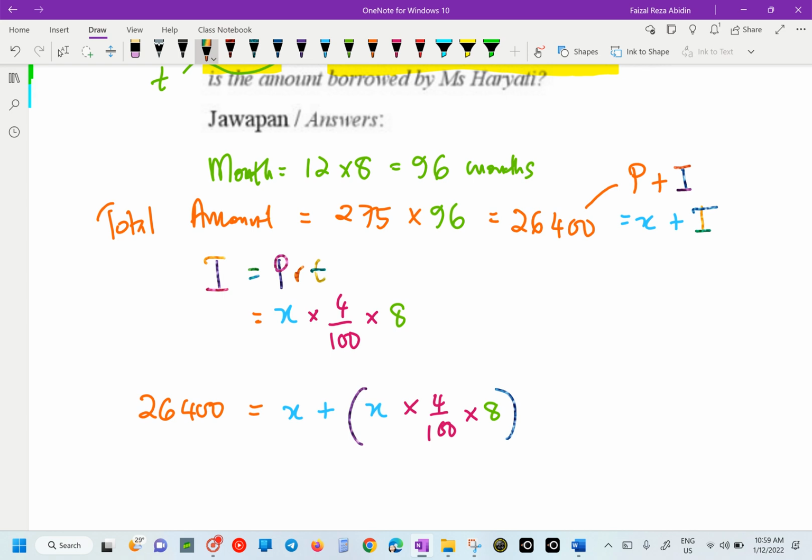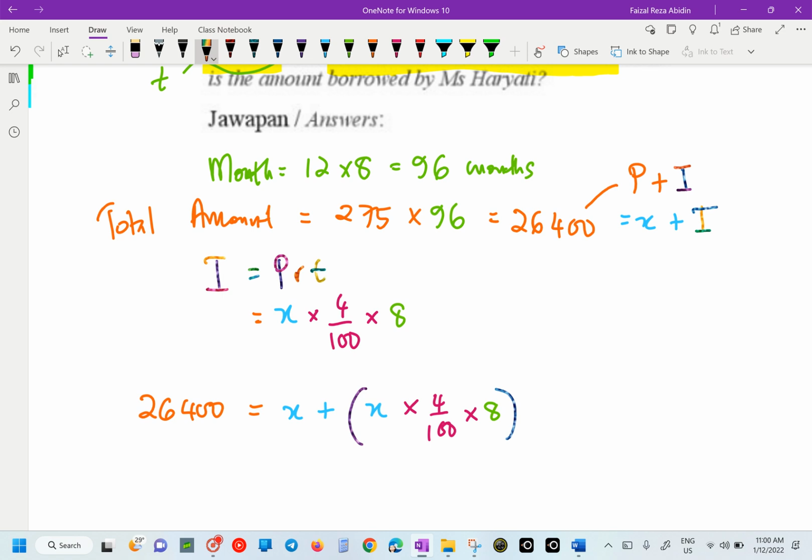Why? What must we do first? Multiplication first. Bracket first, then multiplication. Plus with times, we must do times first, isn't it?